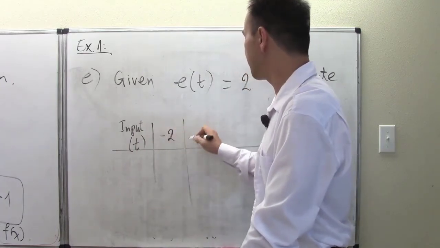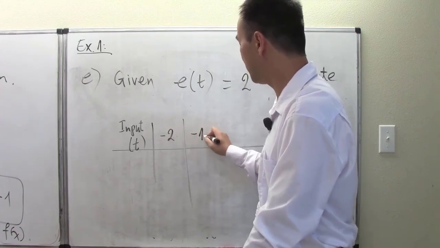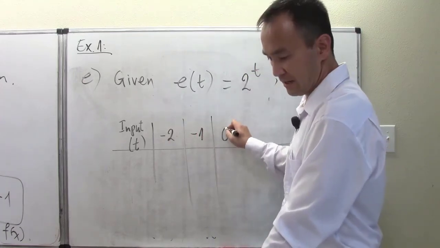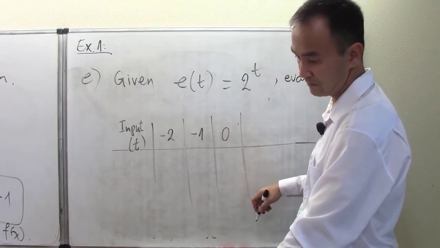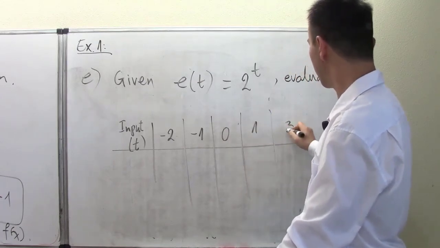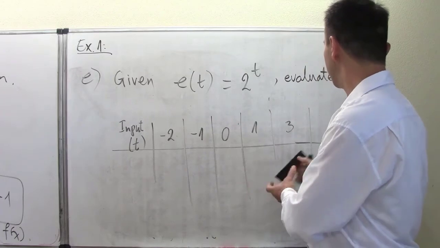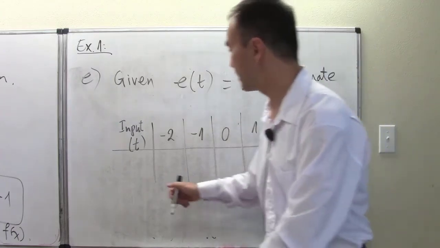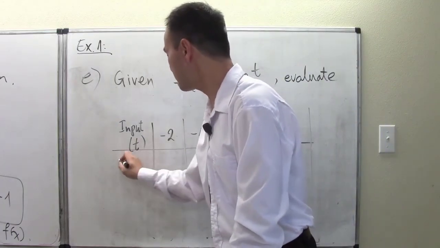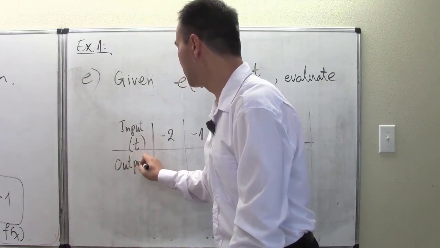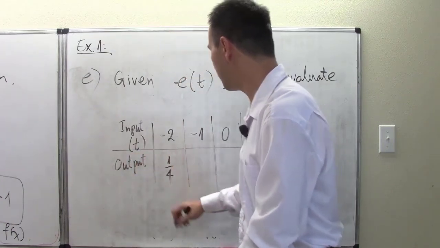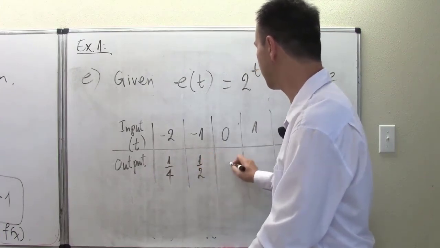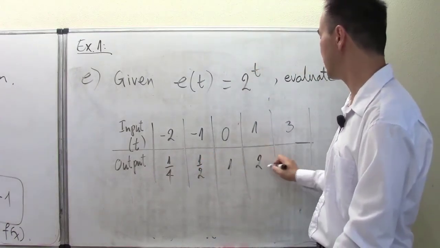Let's organize these: -2, -1, 0, 1, and 3. The outputs were 1/4 here, 1/2 here, 1 here, 2, and 8.